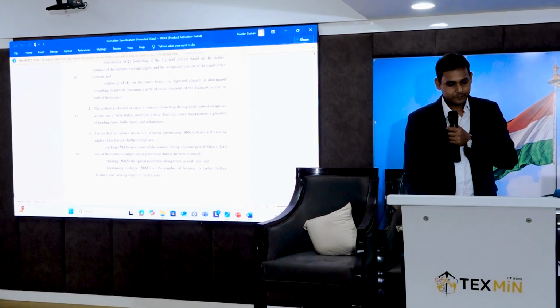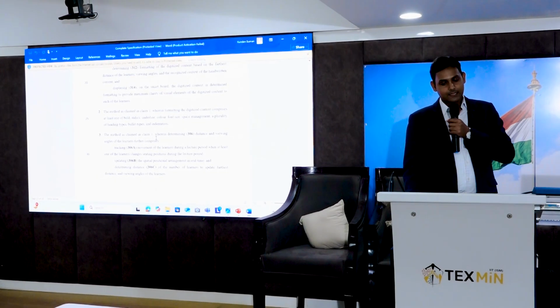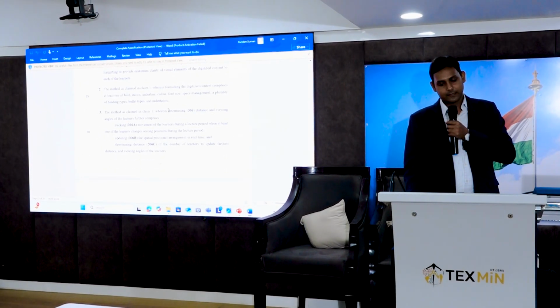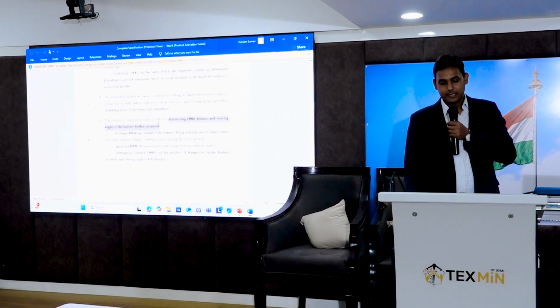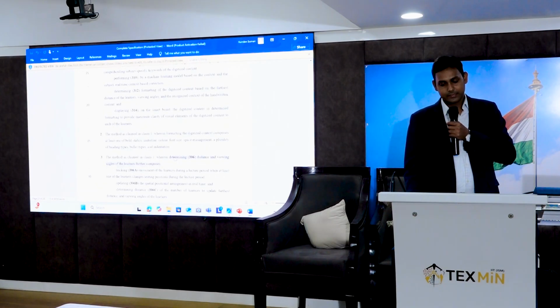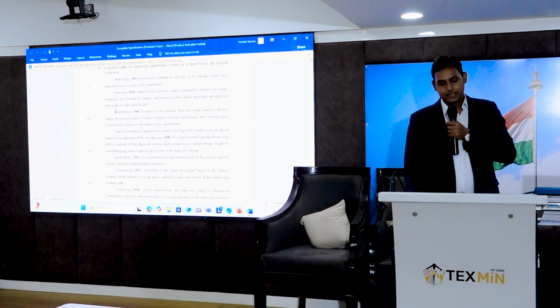And there is another thing here, see: the method as claimed in claim 1, wherein determining distance and viewing angles of the learner further comprises. See, where is it getting from? See, 306. So 306 is this: determining the distance of the learner from the smartboard to identify the learner.